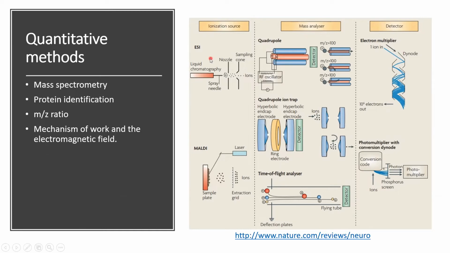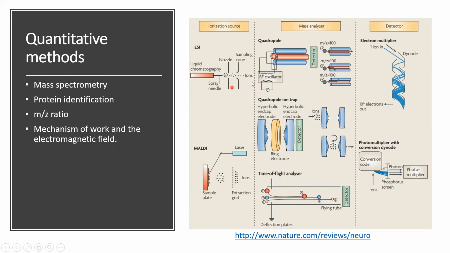In the ionization source, molecules get ionized by adding or removing charge from neutral species, which makes them susceptible to the electromagnetic field. There are two types of ionizing sources, as you can see: ESI, which is electrospray ionization, and MALDI, which is matrix-assisted laser desorption ionization.